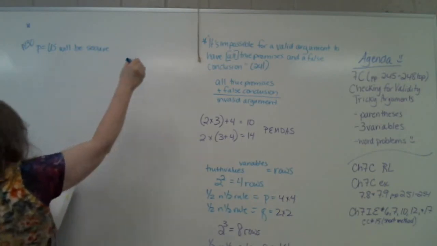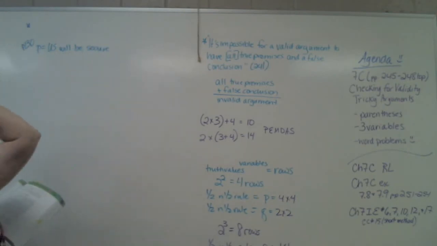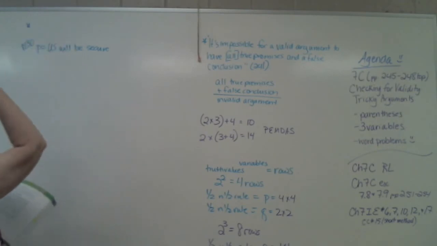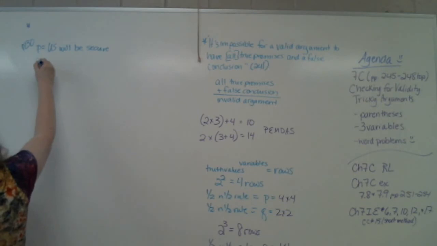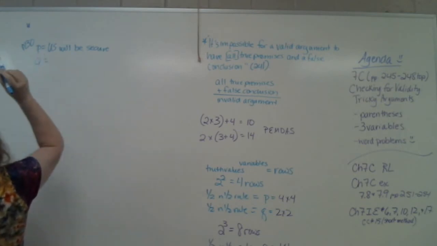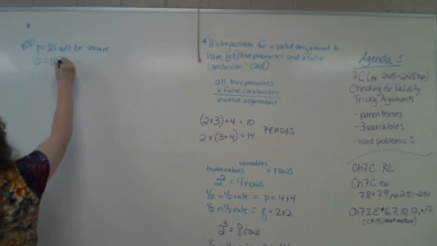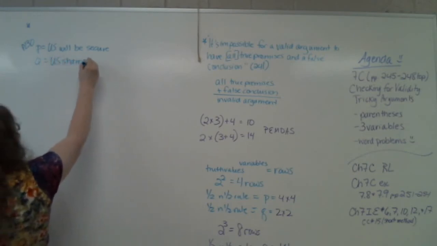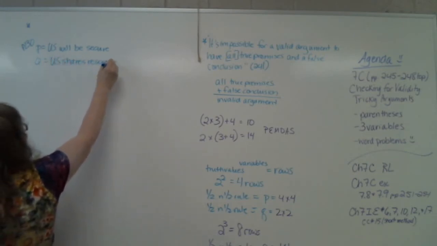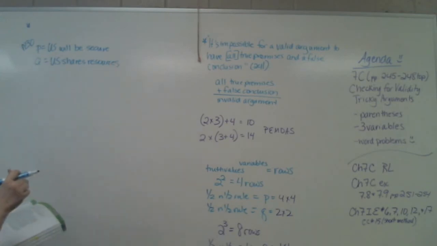Now, it's a lot longer than that. Secure and prosperous, okay? That's my P. The next piece of phrasing, my Q, is only if, okay? It shares more of its resources. U.S. shares resources. Okay, that's my Q.